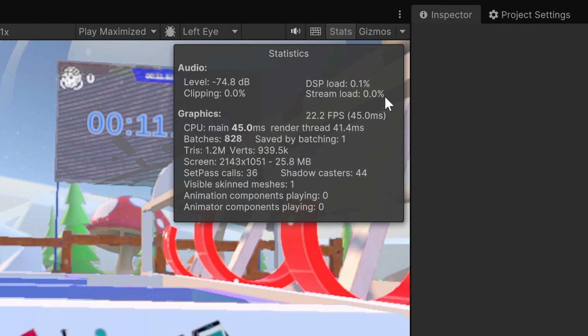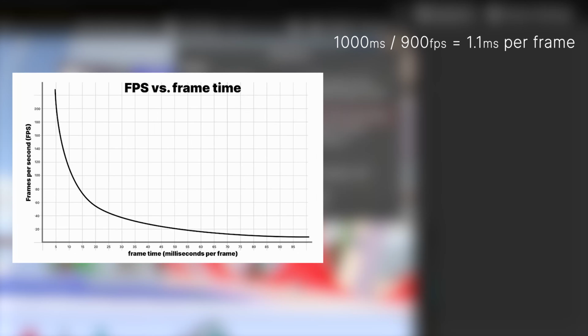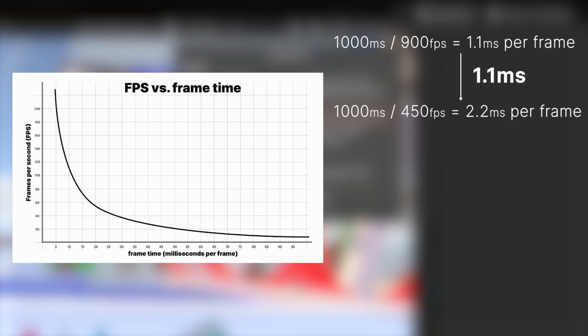A common way that gamers measure performance is with frame rate, or frames per second. However, it's recommended that you use frame time in milliseconds instead. Consider this graph of frames per second versus frame time. Frame time, the time it takes to render each frame, directly affects frames per second. For example, moving from 900 frames per second to 450 frames per second is just a difference of 1.1 milliseconds per frame.